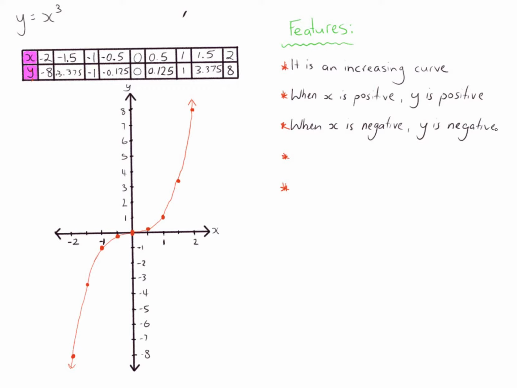Other important features of graphs are the x and y intercept, and we can see that the x-intercept and the y-intercept both equal 0. Finally, not only is it an increasing curve, but as x increases, y increases very quickly.